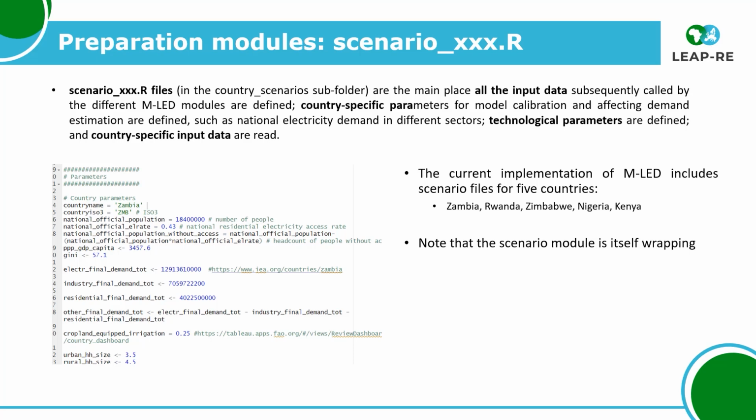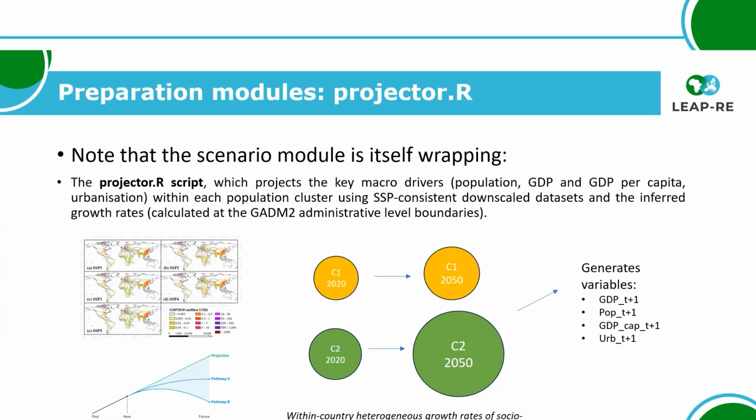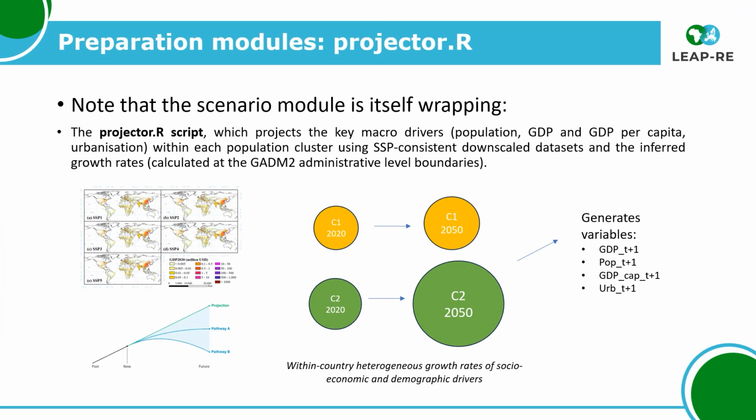Note that the scenario model is itself wrapping different other modules, so different things are happening when the scenario model is run. One is the projector module, which is responsible for projecting the key macro drivers such as population, GDP, GDP per capita, and urbanization level along the SSPs, the shared socioeconomic pathways, which are assumed evolutions for different scenarios in these major drivers across countries, and inferred growth rate.